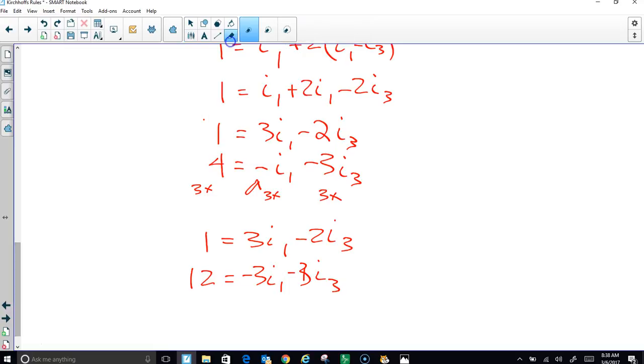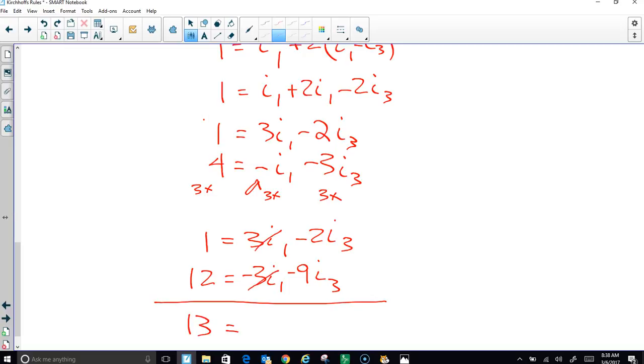Not 3, because I multiplied it by 3, it's going to be a 9. And combine. So I got 13 equals, well, these go away, equals negative 11 I3.